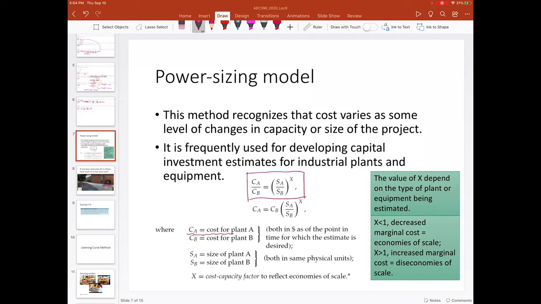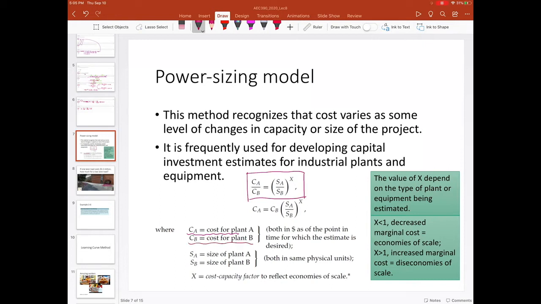So C is the cost, and CA, CB means we have 2 scenarios to compare. One scenario is known. I mean, CB, the cost of B, is known. CA is the cost for plant A, CB is the cost for plant B. Or we can say project A, project B, okay?